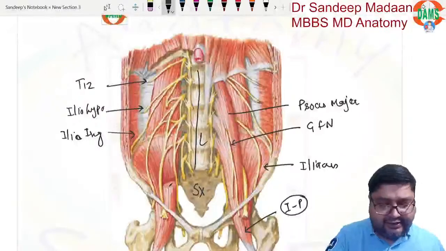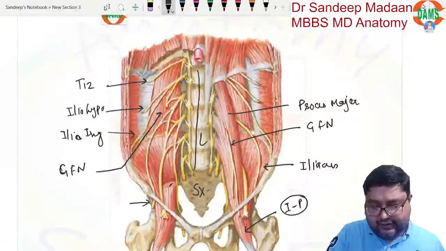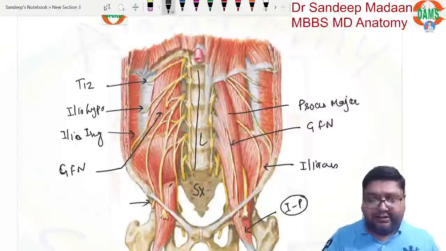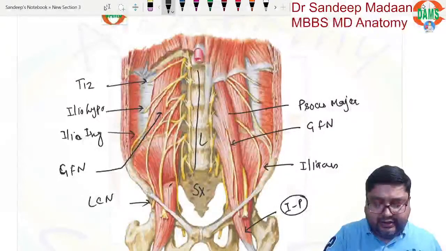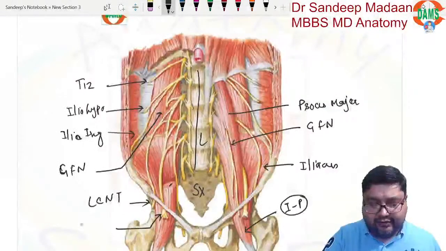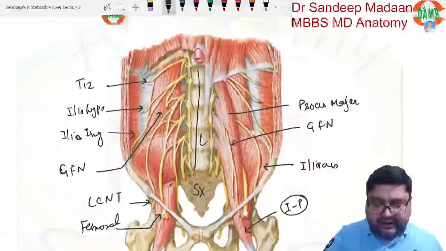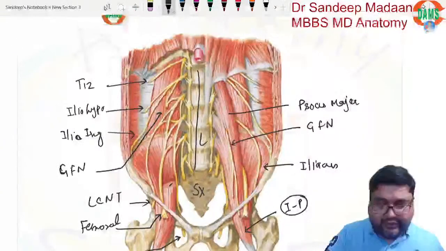If the muscle has been cut, this nerve also got cut. This is genitofemoral nerve, and this nerve in the superior angle of the femoral triangle will be the lateral cutaneous nerve of thigh. This huge nerve over here is the femoral nerve, whereas this nerve will be the obturator nerve.